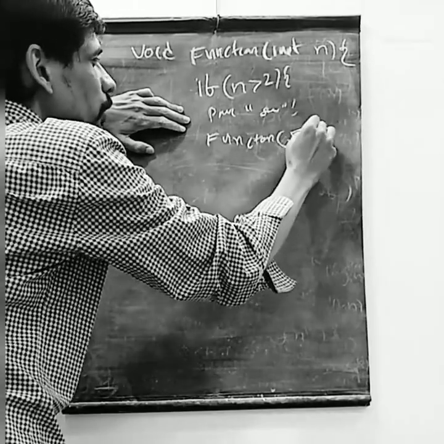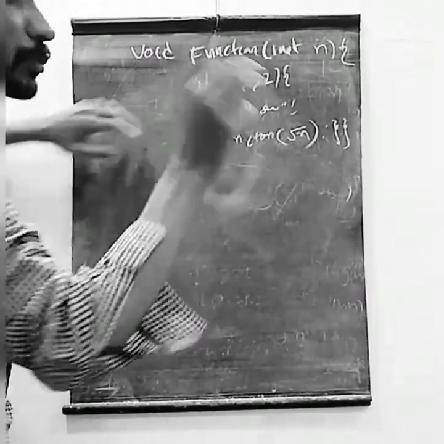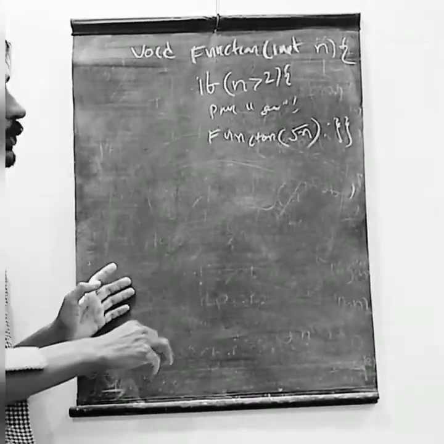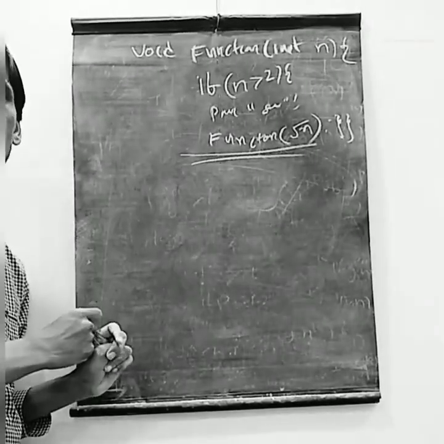This time with root n, we will use root n instead of n minus 1 or n by 2. Now we need to find the complexity of this program.